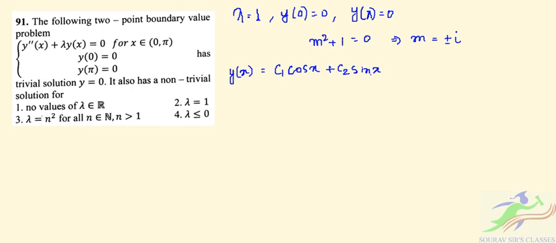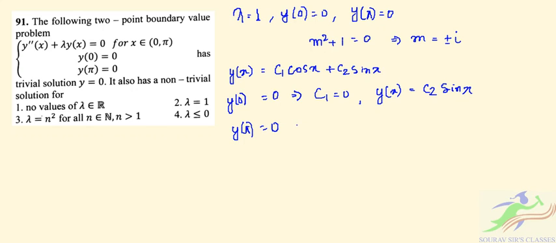Putting y(0) equal to 0 gives c1 equal to 0, so y(x) equals c2 sin x. Now putting y(pi) equal to 0 gives 0 equal to c2 sin pi, which is 0 equal to 0.